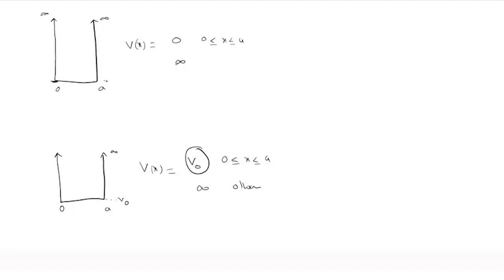I can do this. Now, what happens to energies? I'm giving you information. I'm not going to prove it. So what happens to energies? Nothing. Energies are independent of this shift.